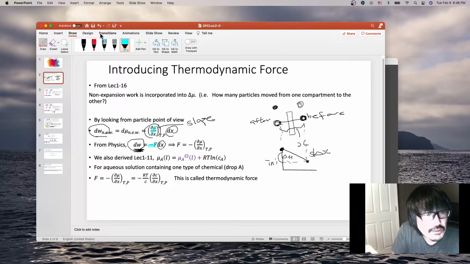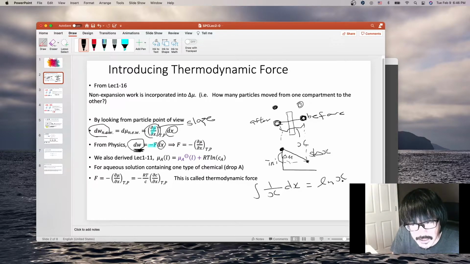Now I should probably explain a little bit about this one. So if I try to do this integral right here, that's equal to log of x, right? The integration of 1 over x becomes the log of x.